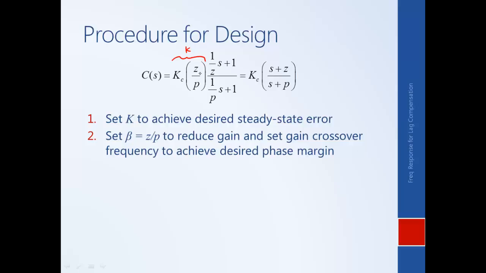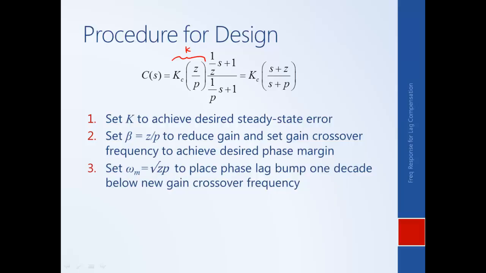And specifically, we're going to set the reduction to achieve a crossover frequency that gives us the desired phase margin. We'll then go ahead and center the pole and the zero. Step 2 will give us the ratio between Z and P. Step 3 will allow us to specifically place Z and P in a particular location.